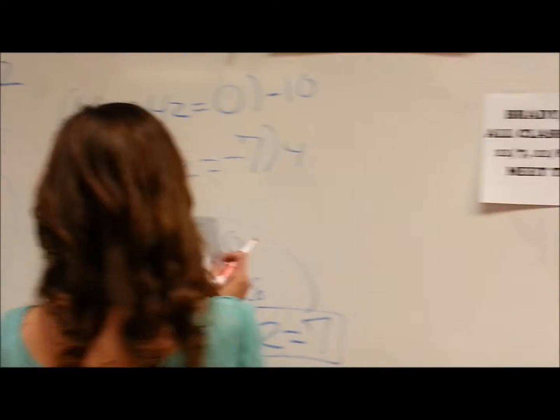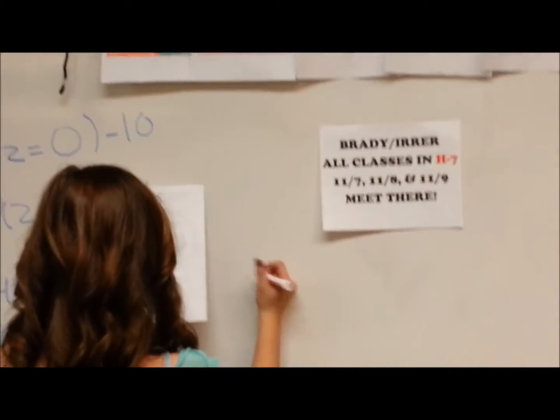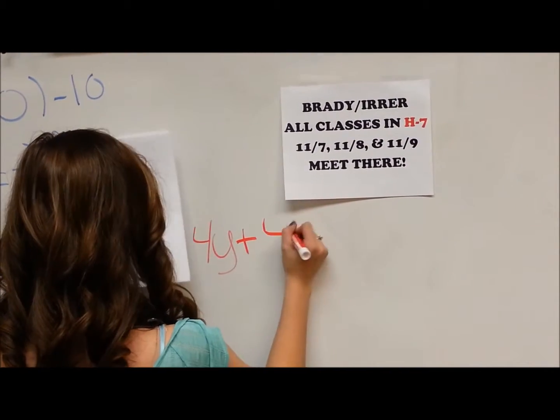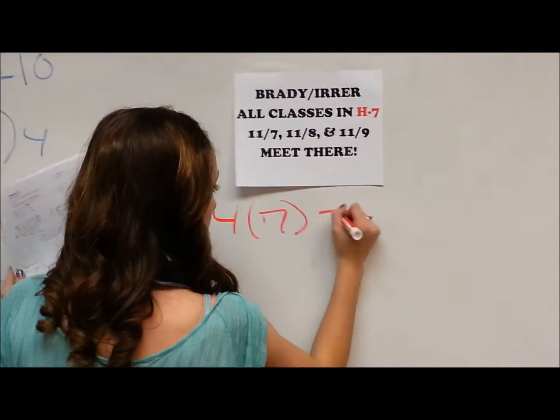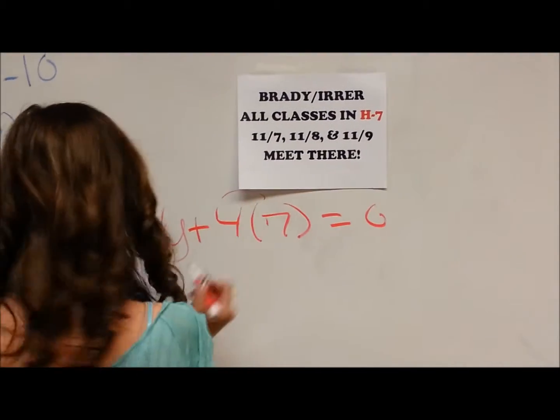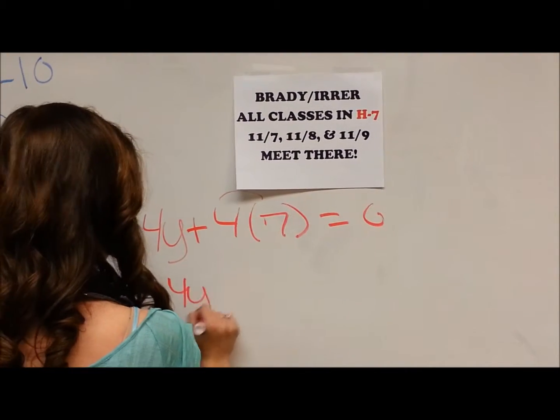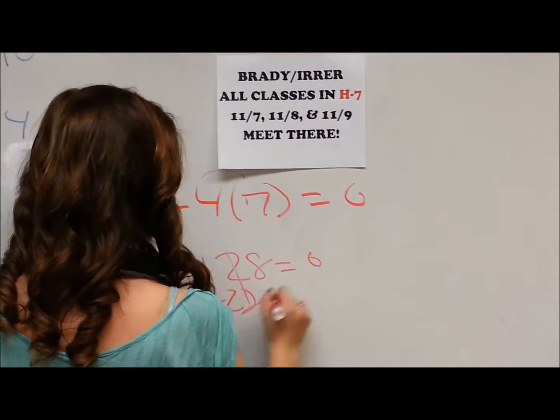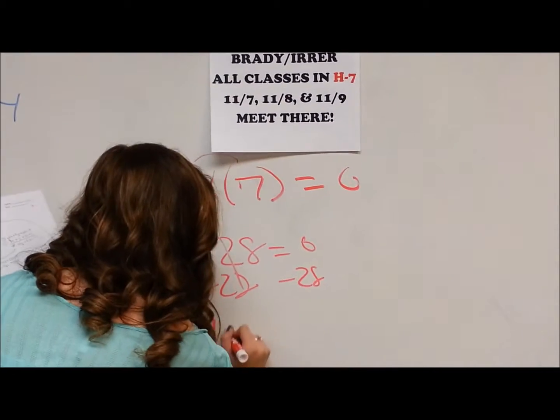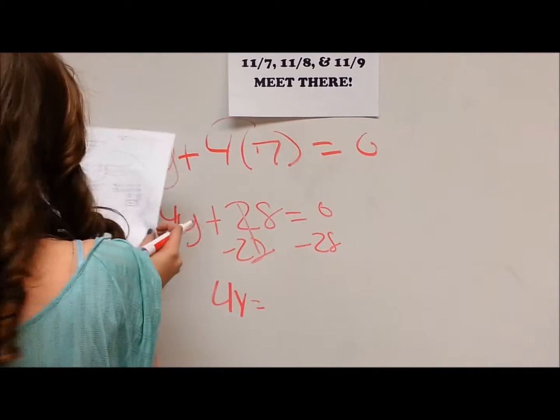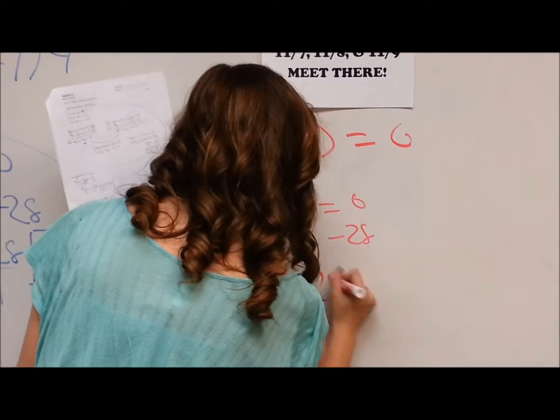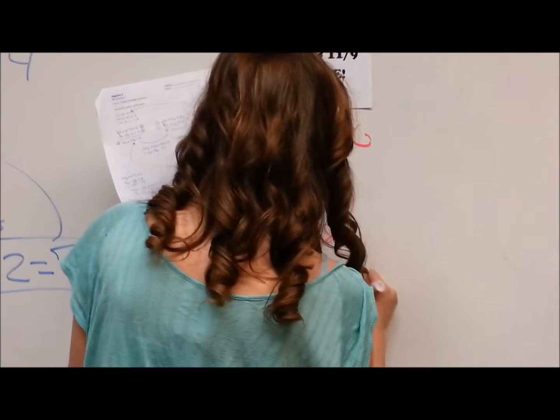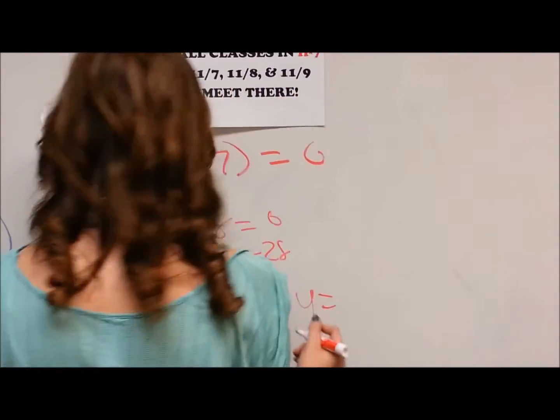You're going to go 4y plus 4 times 7 equals 0. Distribute the 4, and it's going to be 4y plus 28 equals 0. Subtract 28, subtract 28, 4y equals negative 28. Divide by 4, divide by 4, y equals negative 7.